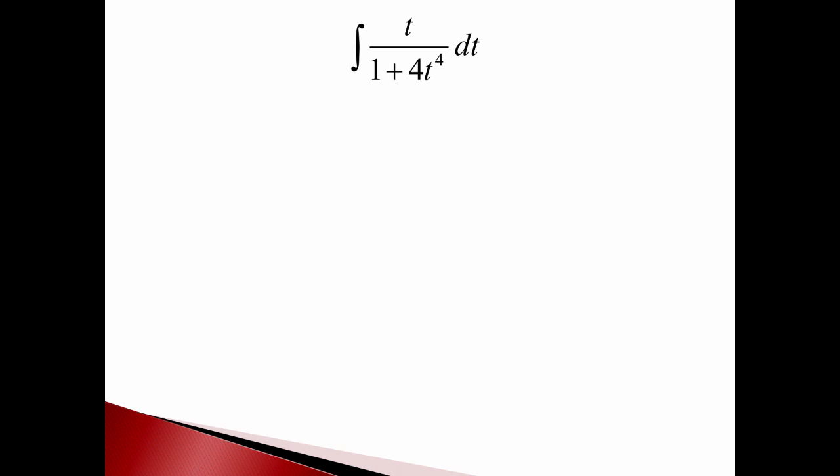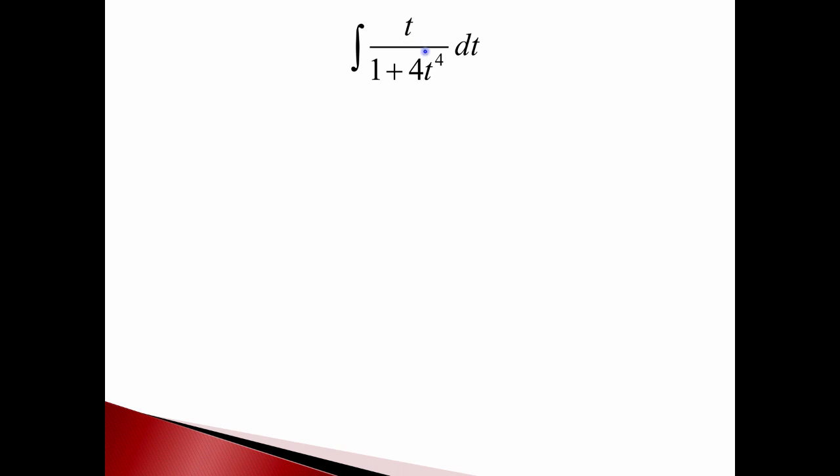The 1 plus 4t to the fourth. Well, the derivative of all this stuff on the bottom would be 0 plus 16t cubed, right? So I would need, if not 16t cubed, I'd at least need some kind of t cubed in order to make the substitution work. Well, I've only got a t, not a t cubed.